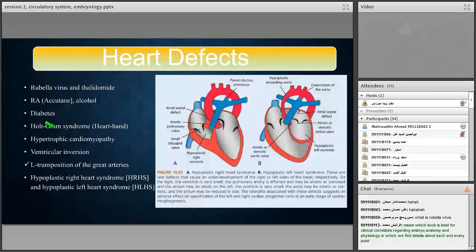And a clinical book, Langman, explains all these clinical correlates and points.